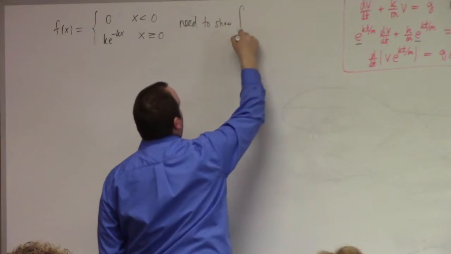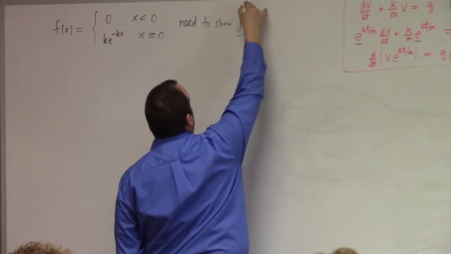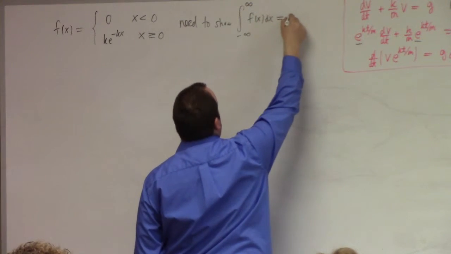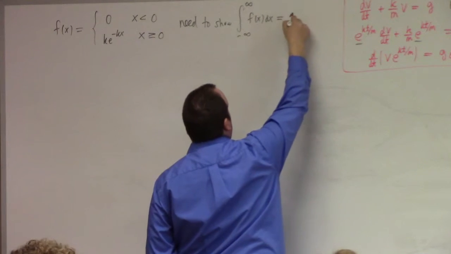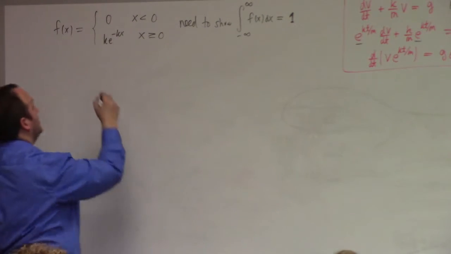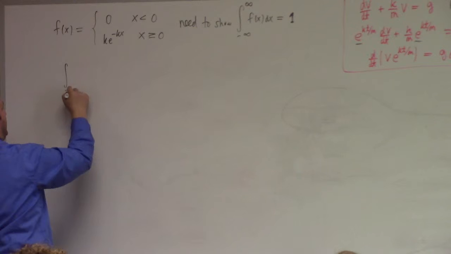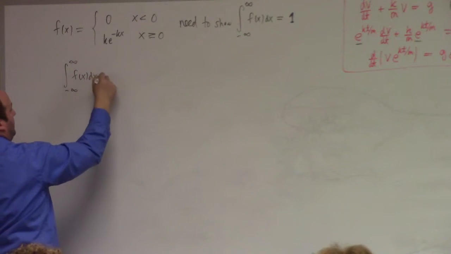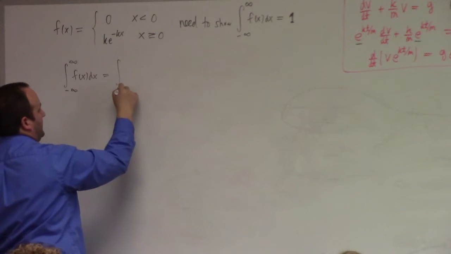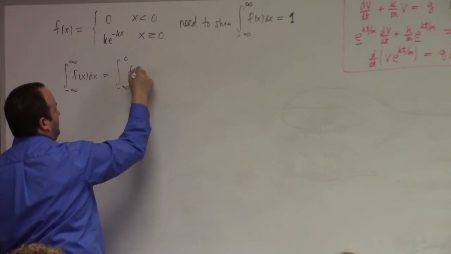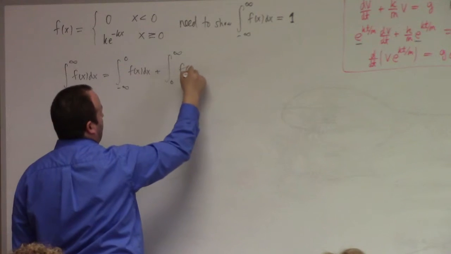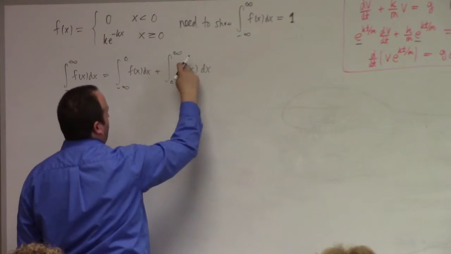The integral from minus infinity to infinity of f of x dx is equal to 1, right? Sum of probabilities must be 1. So here we have the integral from minus infinity to infinity of f of x dx. But that's equal to the integral from minus infinity to 0 of f of x dx plus the integral from 0 to infinity of f of x dx.